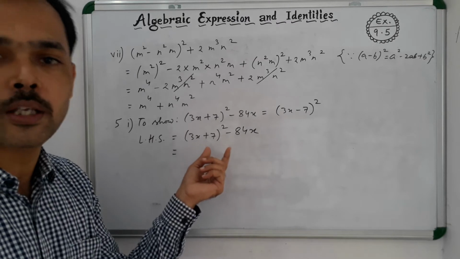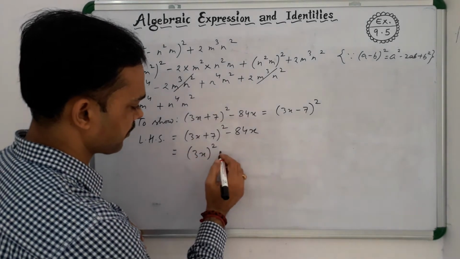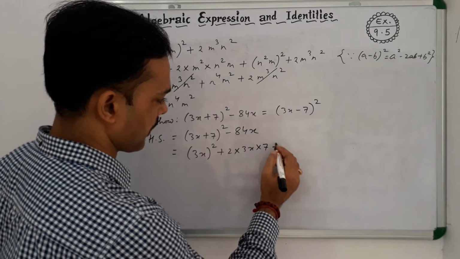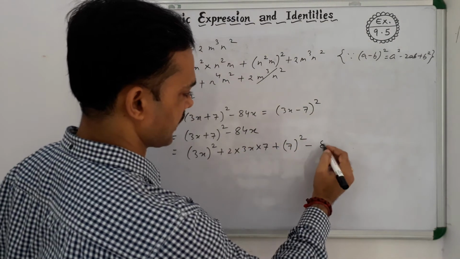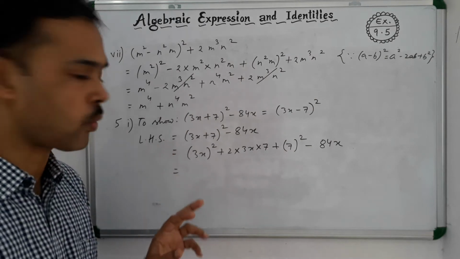This is a plus b whole square, means 3x whole square plus 2ab means 3x into 7 plus b square means 7 square. Then this minus 84x. I am repeating it once again.